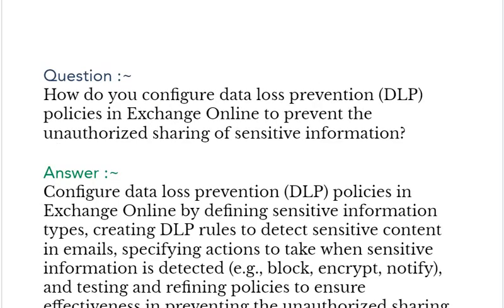Our next interview question is: how do you configure data loss prevention DLP policies in Exchange Online to prevent the unauthorized sharing of sensitive information?